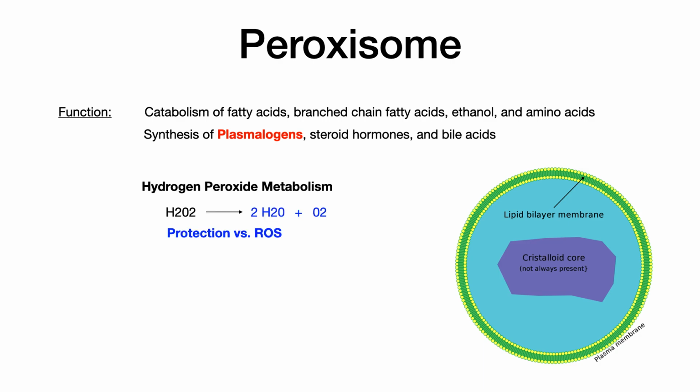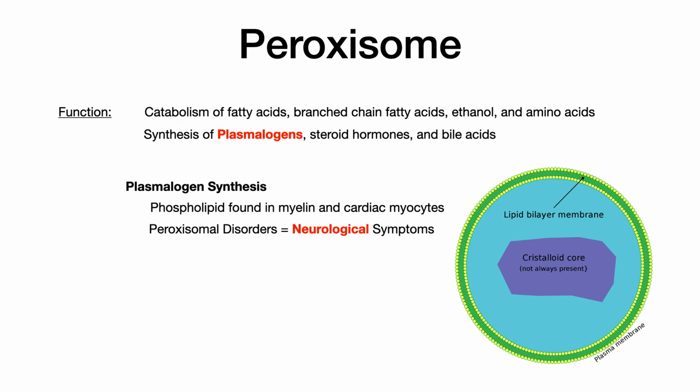So hydrogen peroxide will be broken down into water plus oxygen. And recall that this is extremely important in terms of protecting against reactive oxygen species. Importantly, as I kind of touched on before, we have the synthesis of something called plasmalogens. And so plasmalogens are basically just phospholipids that are found in myelin and cardiac myocytes.